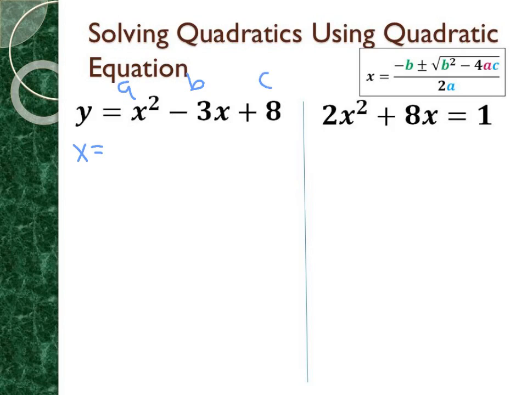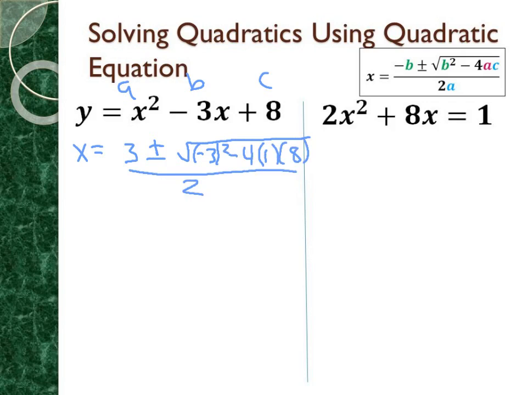So negative b, so negative 3, we can think of this as the opposite. So the opposite of b is a positive 3, plus or minus the square root of b squared, which is negative 3 squared, minus 4ac, so minus 4 times 1 times 8, divided by 2 times our a value, which is 1.